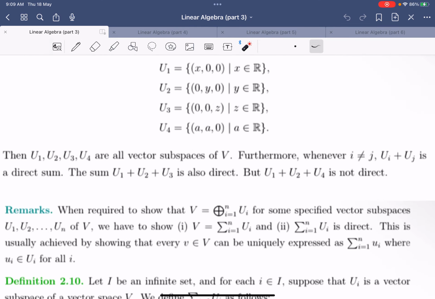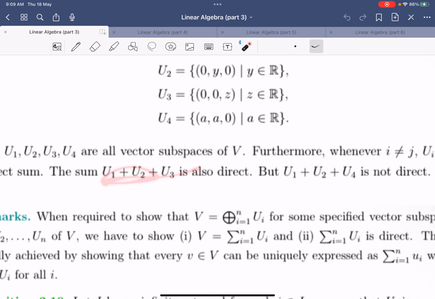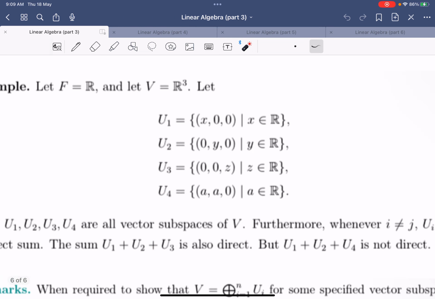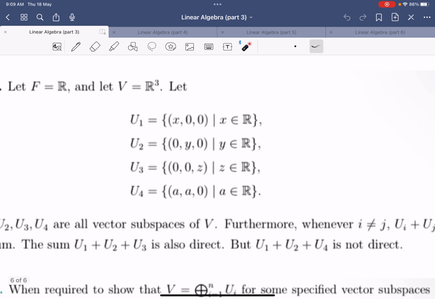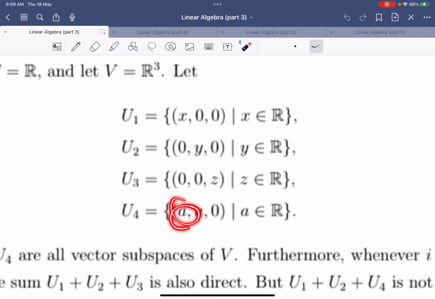We can also see that the sum of U1 plus U2 plus U3 is also direct, because the intersection between U1 and U2 plus U3 is 0, and so on. But we can see that U1 plus U2 plus U4 is not direct, because U4 does not have a trivial intersection with U1 plus U2.